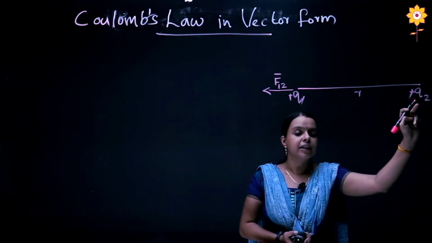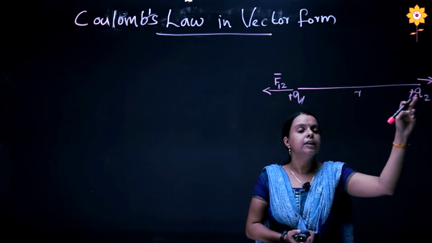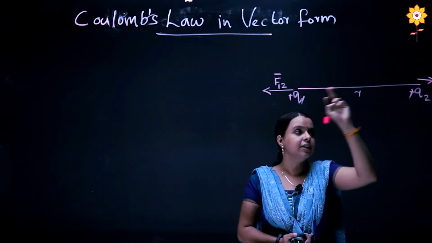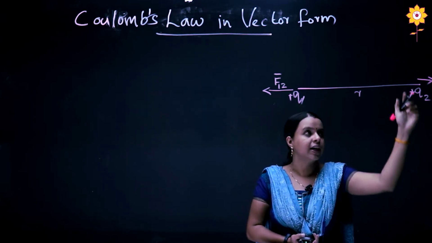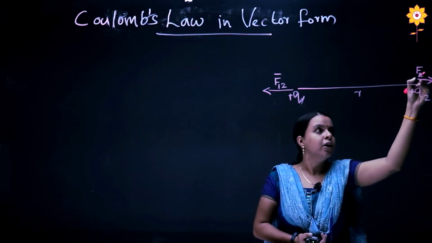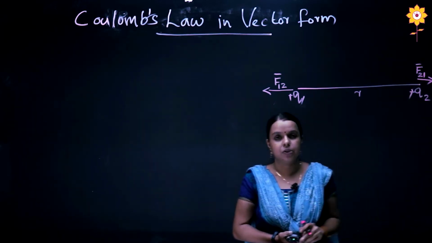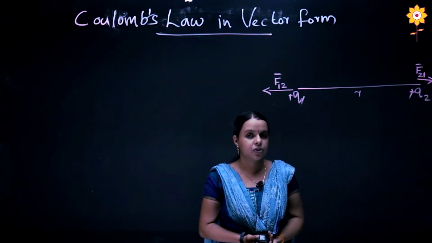Just like that, what about here? Here there is charge 2, and due to the first charge, there will be a force on the second charge. It will be the force on the second charge due to the first charge. It will again be repulsive, since I take two positive charges.